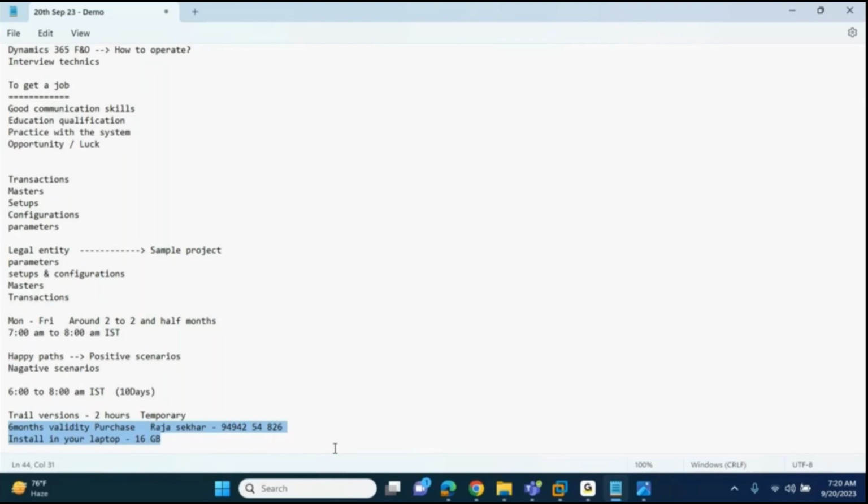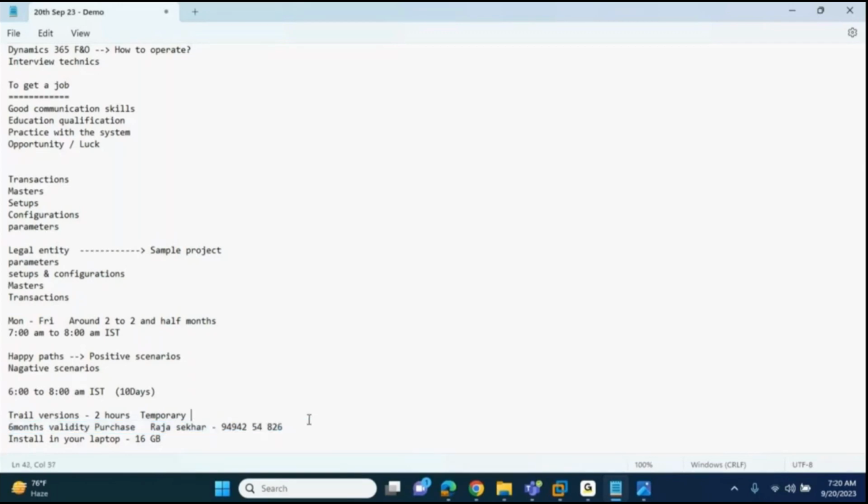Suppose your laptop is old, with 8 GB or 6 GB RAM, or it is your company laptop and you don't have your own laptop, then in that case you can get the 6 months validity link. This is around 5,000 rupees. He is not charging himself, he is purchasing from some other vendor and arranging it for you. He may take a margin of 200 or 300 rupees, I don't know the exact values.